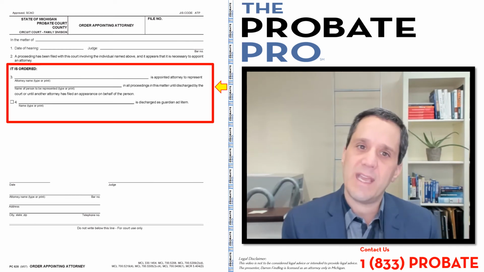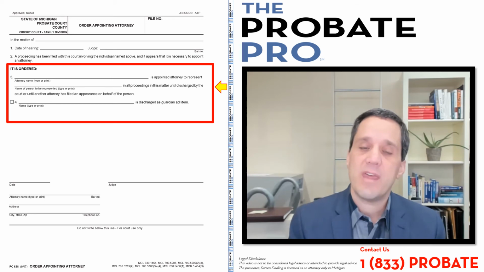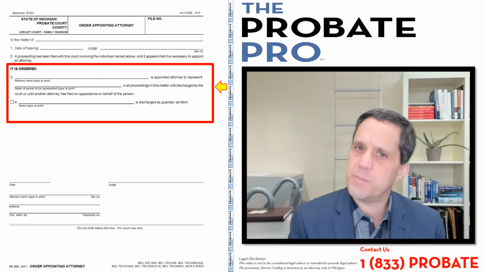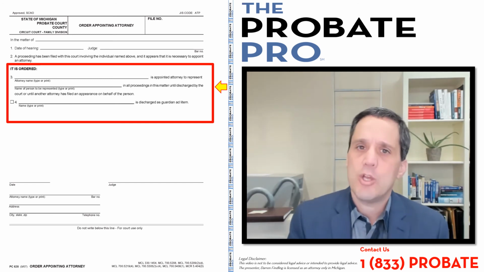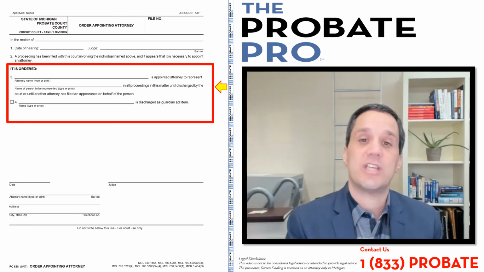Or maybe they indicate that their assessment of the circumstances is that the person doesn't need a guardian, that maybe the guardianship petition was being filed improperly. So under those circumstances, the guardian ad litem gets discharged by the court, and the court then appoints an attorney.